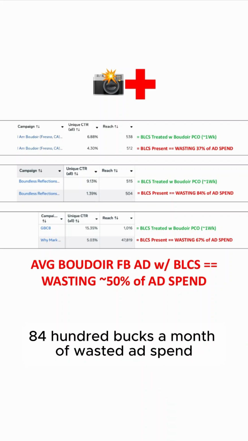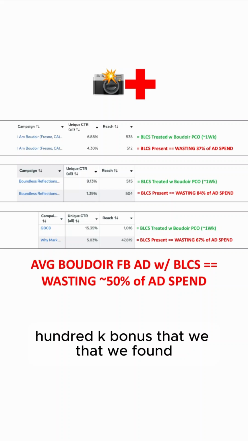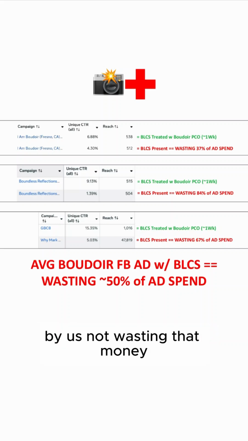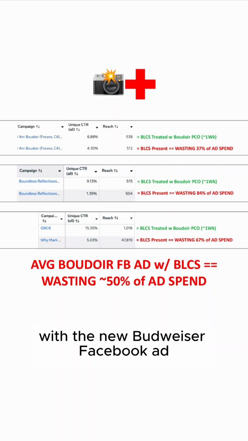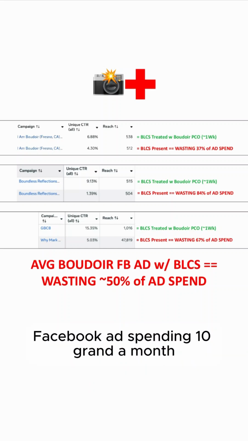Eliminating that $8,400 a month of wasted ad spend, pocketing that. That's like a 100K bonus that we found by not wasting that money and spending $1,600 a month with the new Boudoir Pico treated ad. We're getting our ad into the same number of women's brains as the original Boudoir Facebook ad spending 10 grand a month.